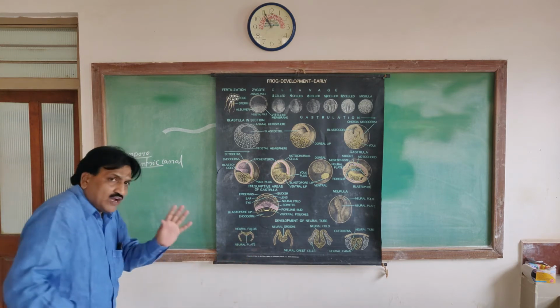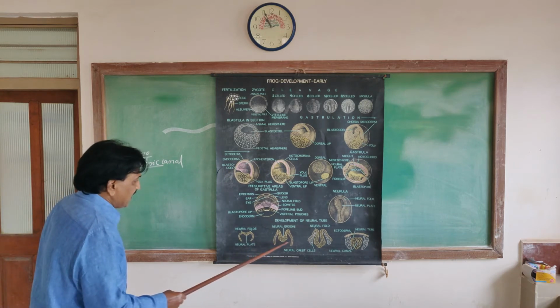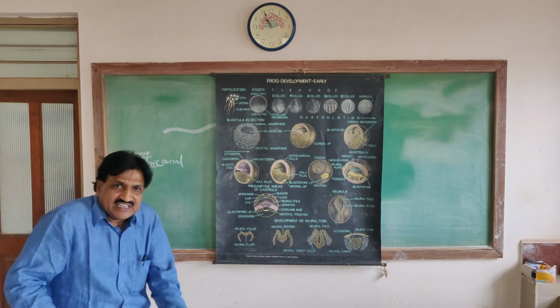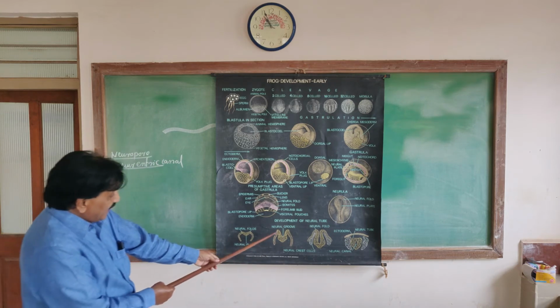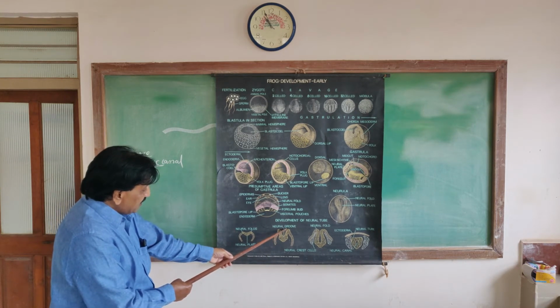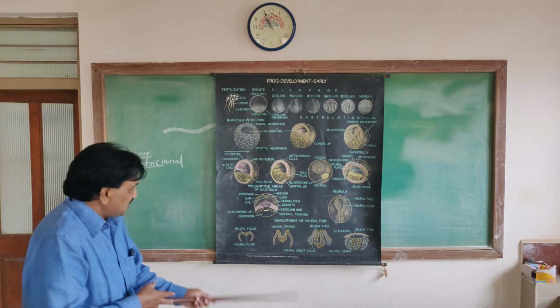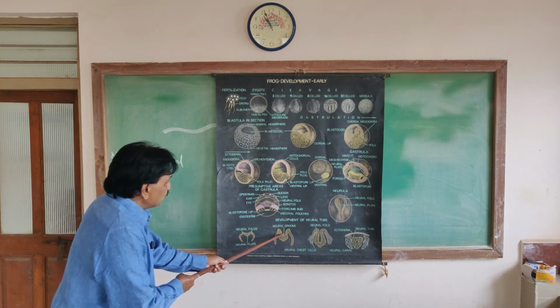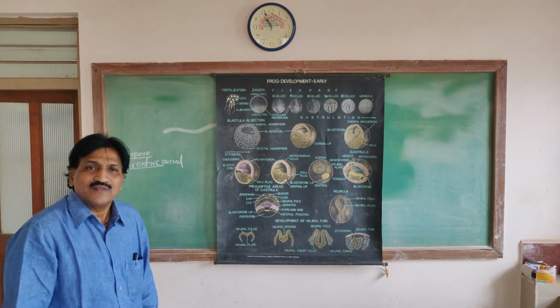These neural folds gradually grow towards each other. In the second diagram, the neural folds have increased in size. There is a depression, a kind of concavity, called the neural groove.